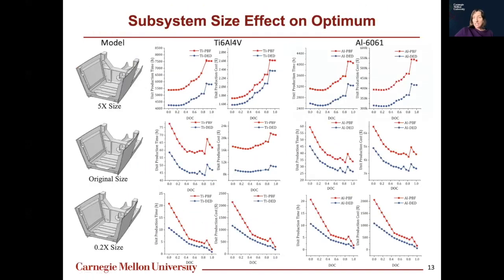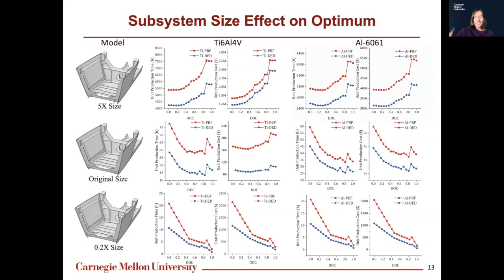We also find an interesting effect associated with the scale of the part. So as a product is scaled up in size, the shadow volume and the support structures that are needed rise approximately proportionally to the cube of the scale dimension, whereas the assembly costs that are required rise approximately with the square of the scale factor.